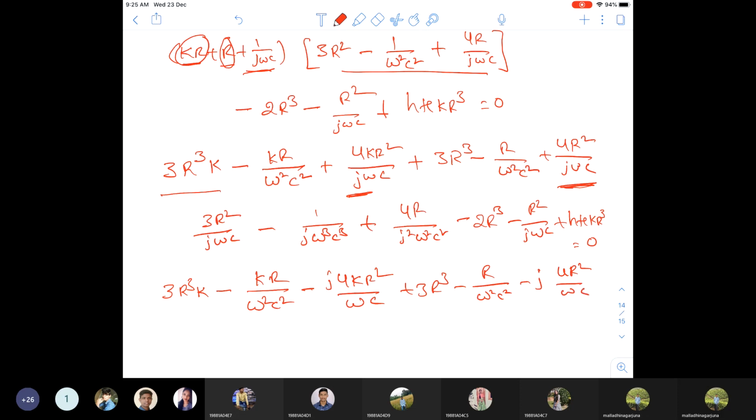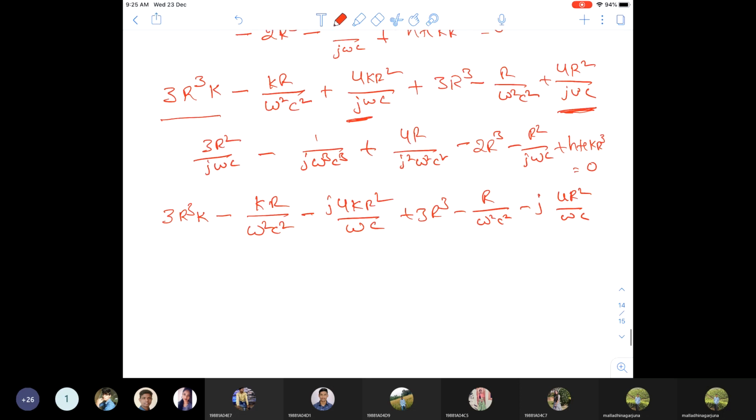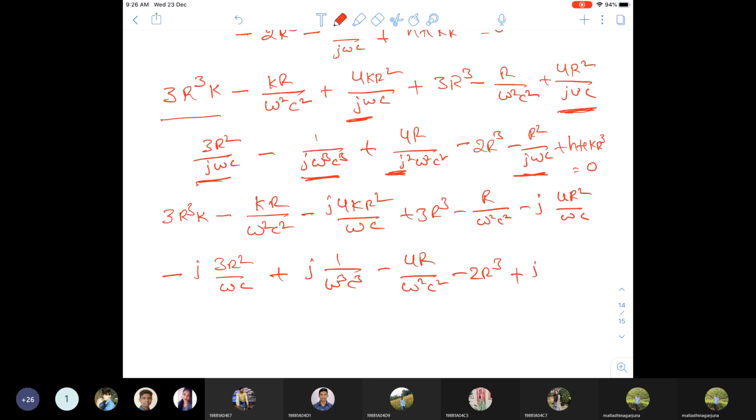Next here also, minus j into 3r square by omega c. Next here also, minus of 1 plus 1 j into 1 by omega cube c cube. Since j square is minus 1, so minus 4r by omega square c square, minus 2r cube, and here minus 1 by j is nothing but plus j into r square by omega c, plus hfe kr cube equal to 0. This is the equation.